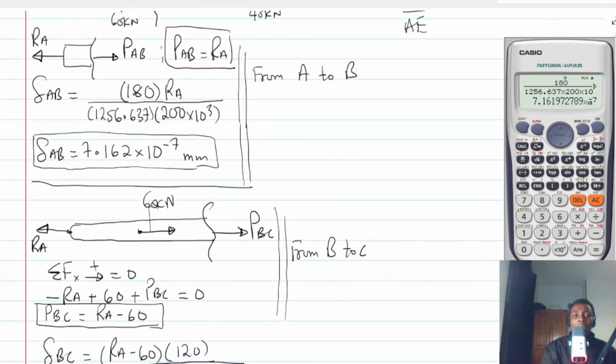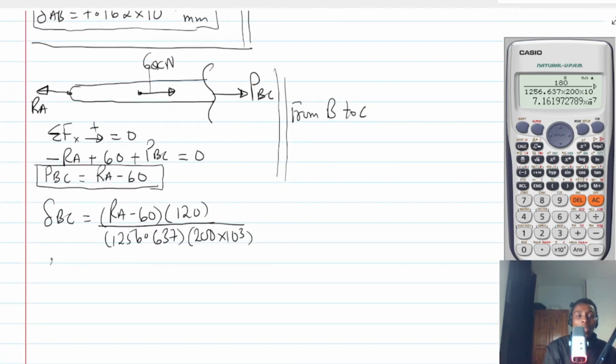So then delta BC will be what? RA minus 60 will be there. We can't do anything about it, so let's just solve for whatever we have for this one. 120 divided by 1256.637 multiplied by 200 times 10 to the power 3. And what is that?